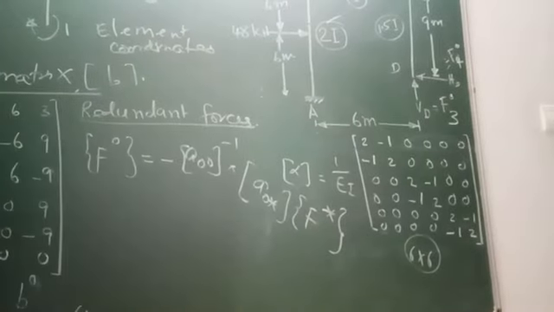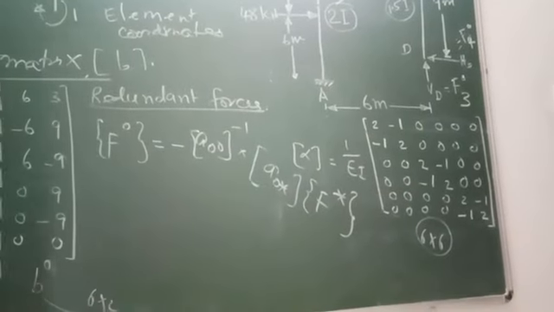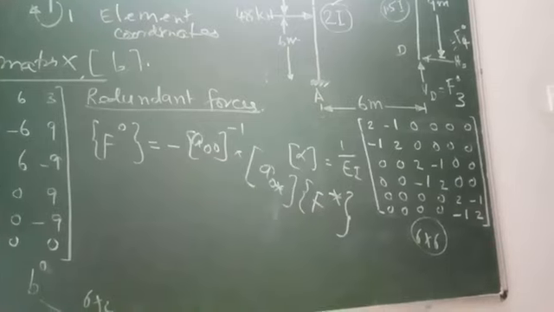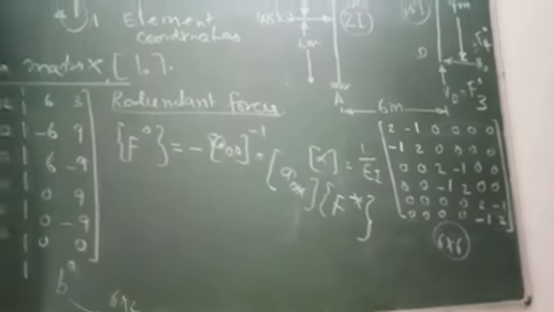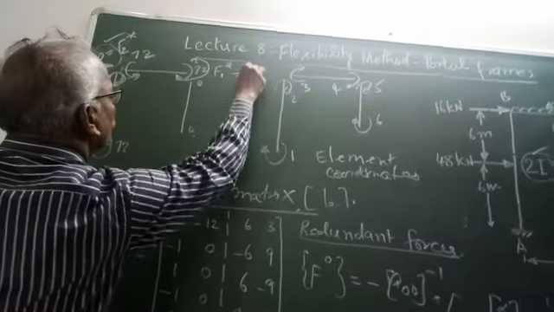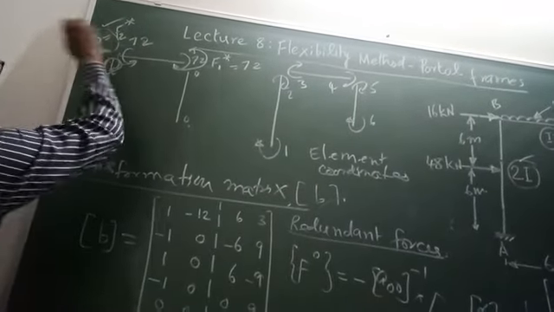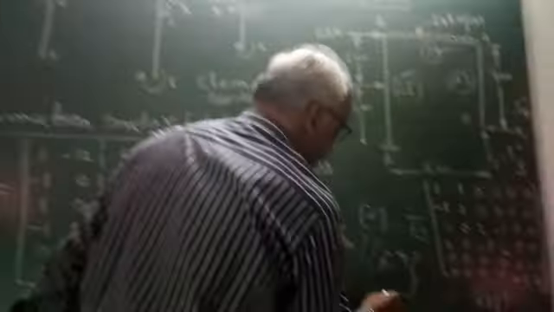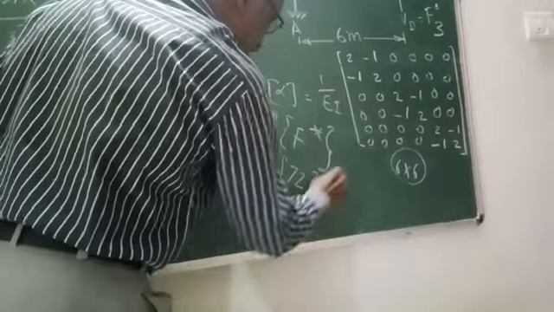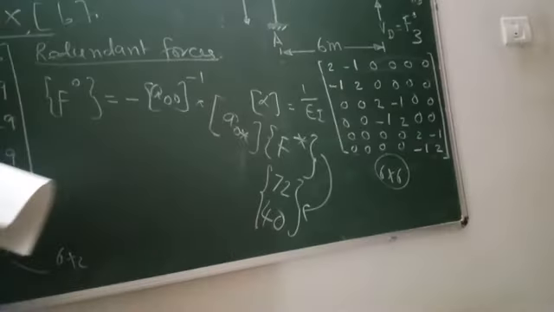Now the F star is F1 star and F1 star equal to 72, F2 star equal to 40. So this F star is 72 and 40.